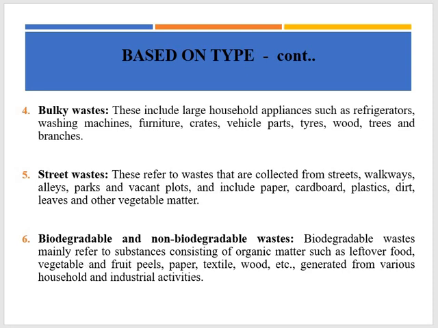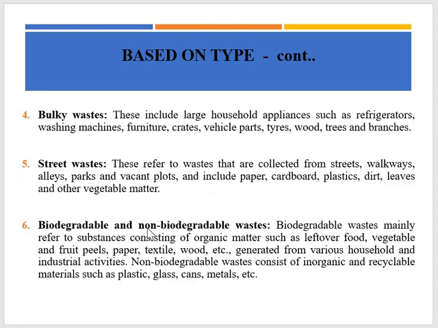Next is biodegradable and non-biodegradable waste. So here the term itself defines the ability of the substances to degrade or not. I'll tell you the difference between biodegradable and non-biodegradable substances. Biodegradable substances are those that degrade or break down naturally, and non-biodegradable substances are those that do not degrade easily, and the examples for both are given here.